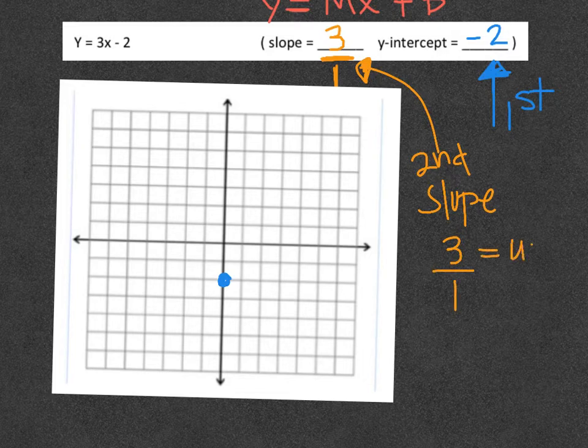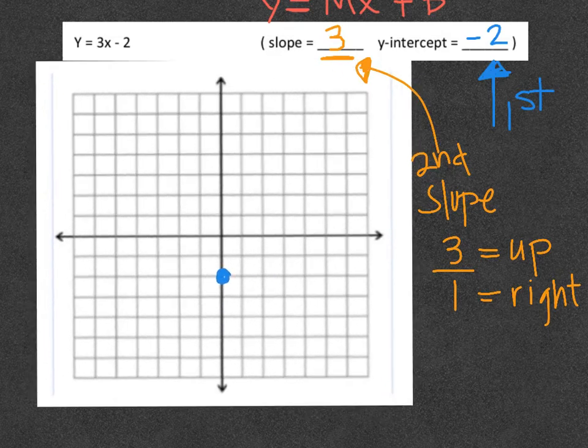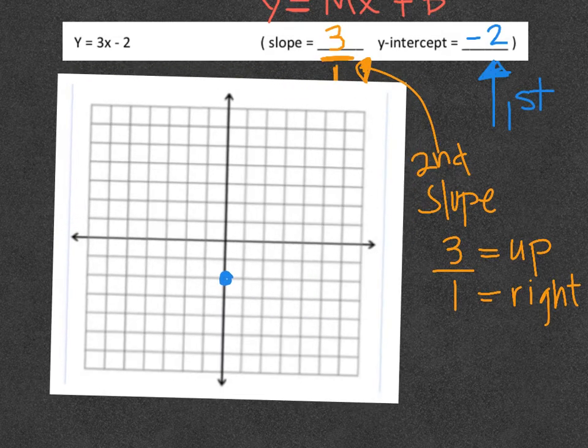That means I should go up 3 and then to the right 1 to place my dot. Okay, we'll leave that like that. I'm going to start from the y-intercept. This says go up 3 and then to the right 1. So here I am. I'm going to go up 1, 2, 3, and to the right 1. So this is where I should place my second dot.